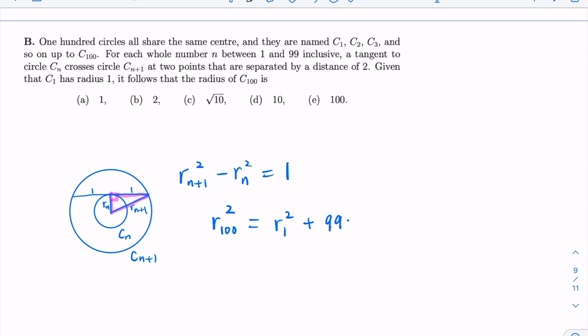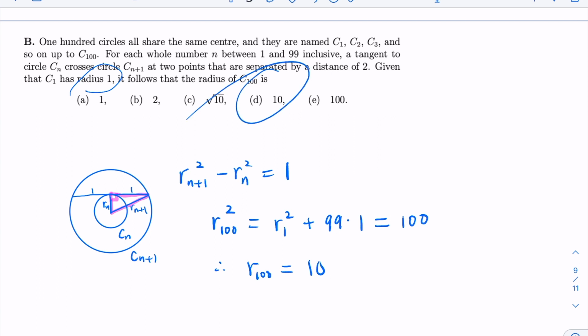R1 is given as radius 1, so the whole thing is 100. Which means R100 is going to be the square root of that, which is 10. Now this time the answer is also D.